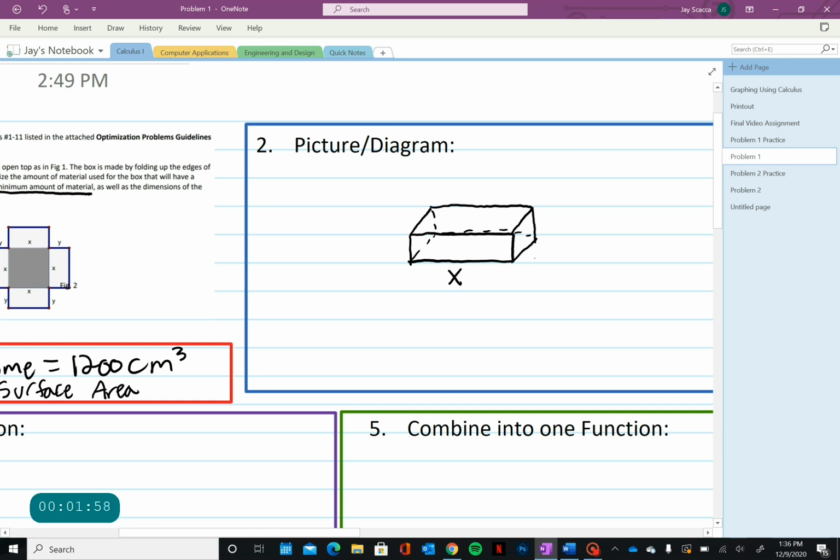And this is x, and this is also x, and then this is y for the height.